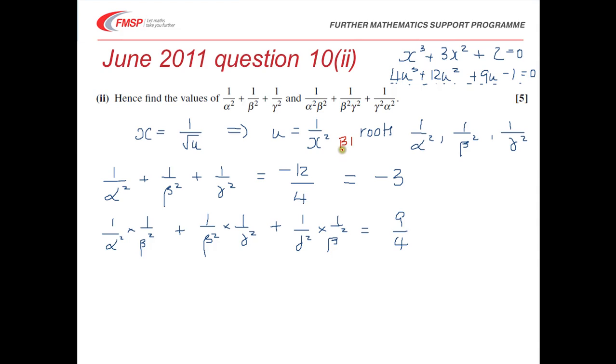You then got a B1 mark for writing this down and seeing that it was the sum of the roots, and an accuracy mark for getting a correct answer of -3. And you then also got a B mark here for seeing that it was the sum of the product of the roots 2 at a time, which is c over a, which turned out to be 9 over 4. So 5 marks for that question.